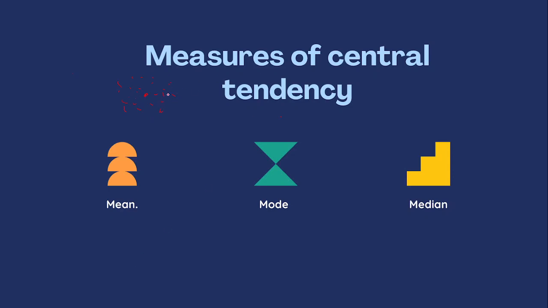Now in data how can we take the center point? The tendency of coming to that center is called central tendency. To measure this central tendency, we have different measures: mean, mode and median. These are the three different measures which we use to find this central point.